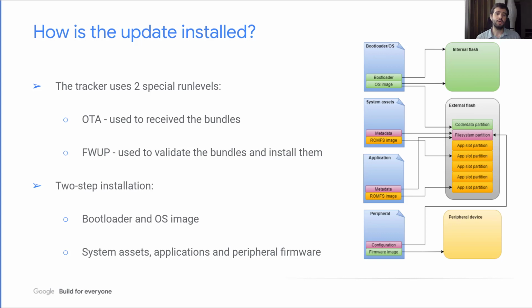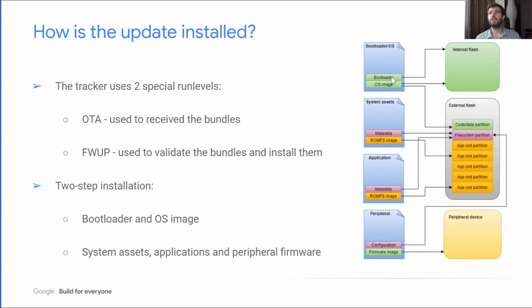Upon reboot, the bootloader is installing the image and it's rebooting the system again, and then the system is booting up the new OS image, and it is installing the system assets, the applications, and the peripheral firmware images. As we can observe in this diagram, the update is installed to the internal flash, external flash, and the peripheral devices.